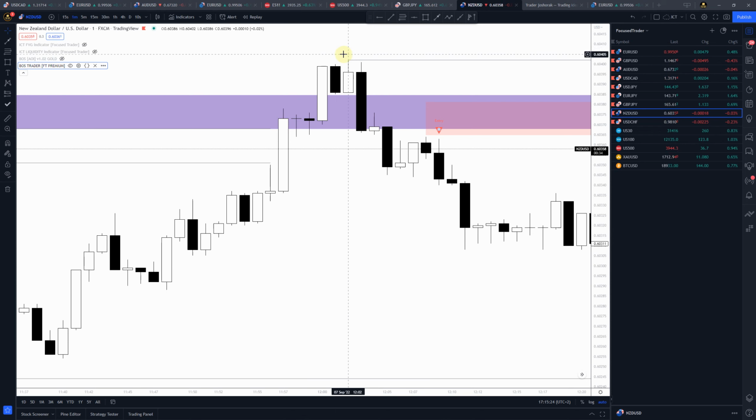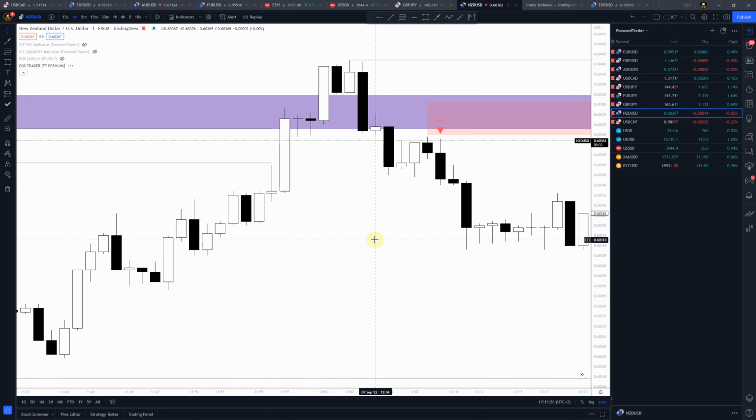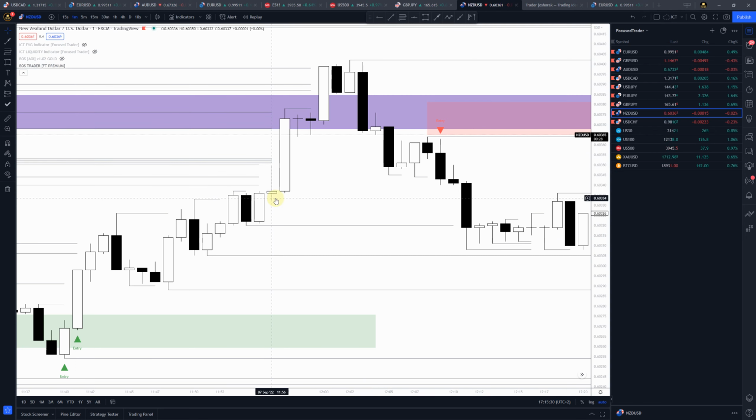It will take some time to calculate because it's a very complex script. Okay, and now we can see the structure points: here, here, here, here, here. They are grayish or black, but ICT uses the same color setting, so I think you are used to it. Now we know what structure is.